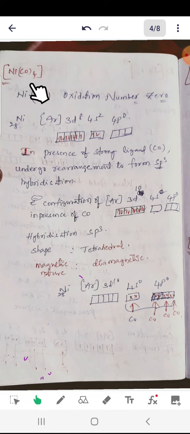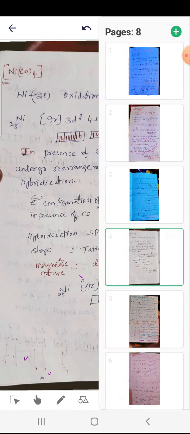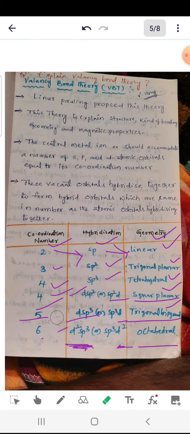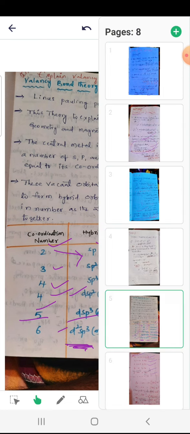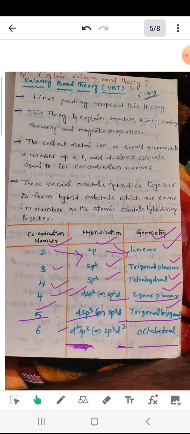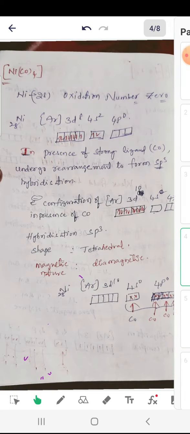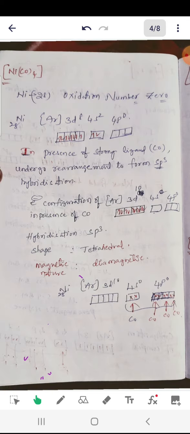When the coordination number is 4, it can be sp3 or dsp2. Here, in the molecule, sp3 hybridization gives a tetrahedral shape, so it is diamagnetic in nature.